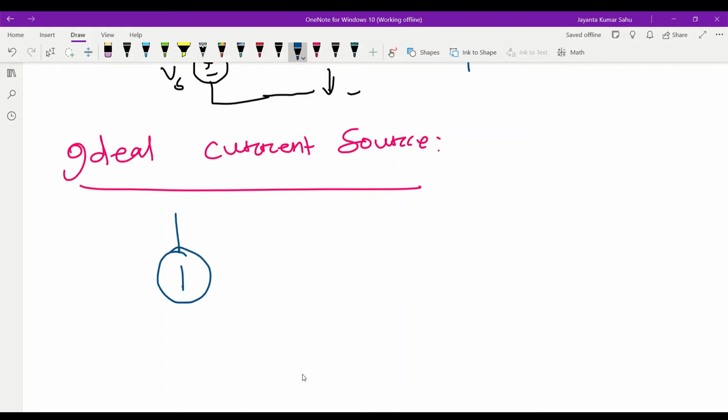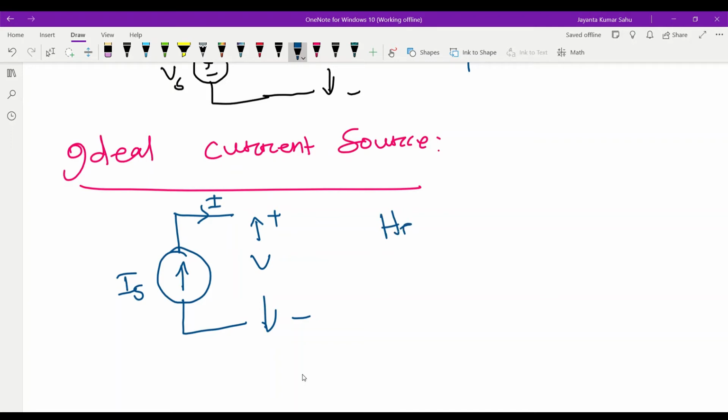If we give this symbol, this is the current source, and we write Is, the ideal current source. Here is the terminal voltage V. If we connect a load, then current I is flowing, otherwise it is open circuited.